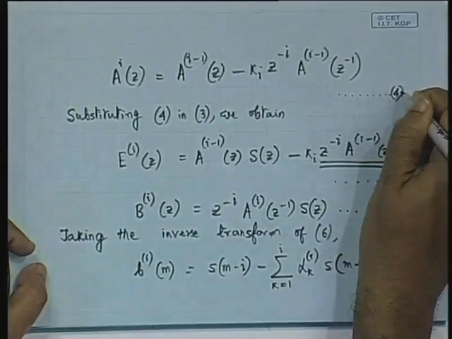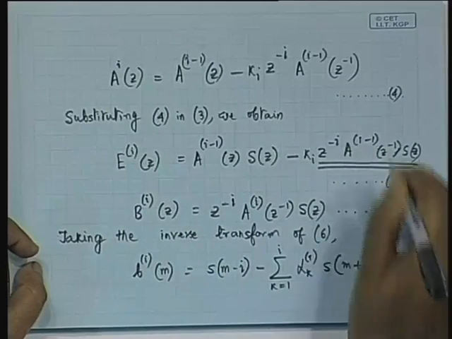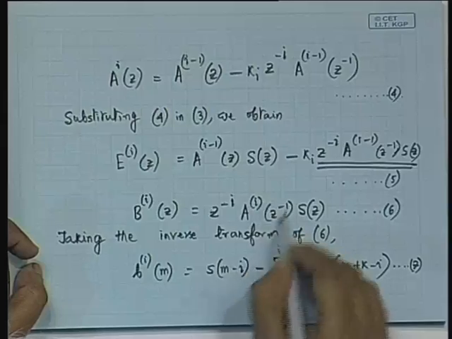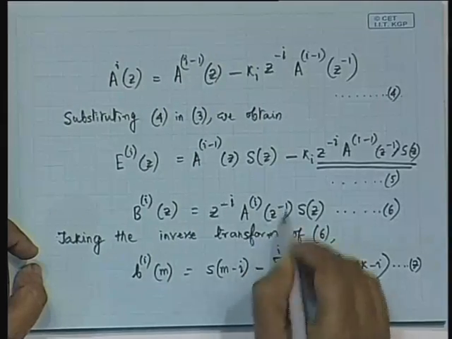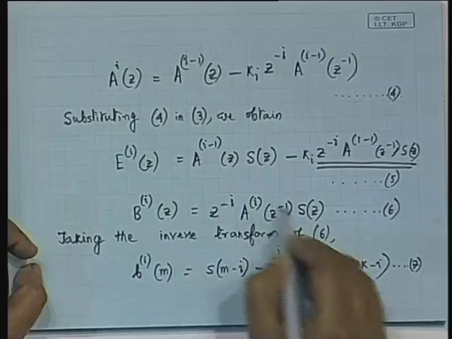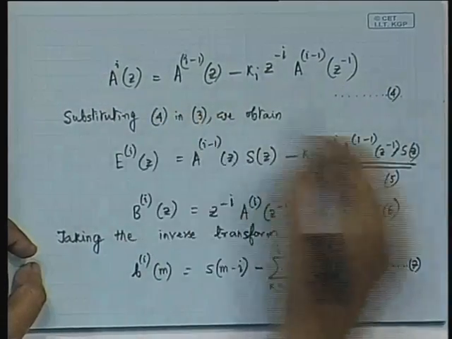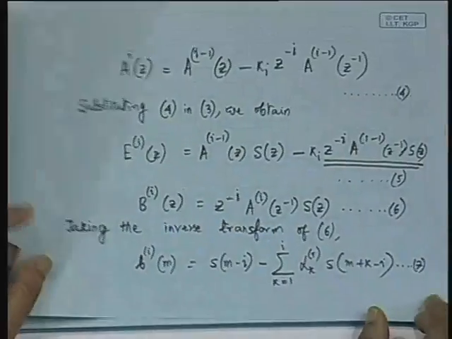Now this is the time domain expression, and if we substitute equation 4 in 6, where we have A I of z to the power minus 1 in this form, instead of writing A I z to the power minus 1, we derive it from equation number 4.